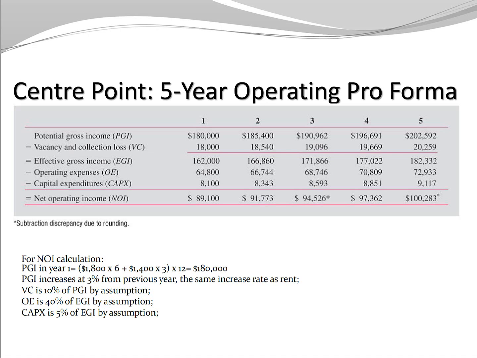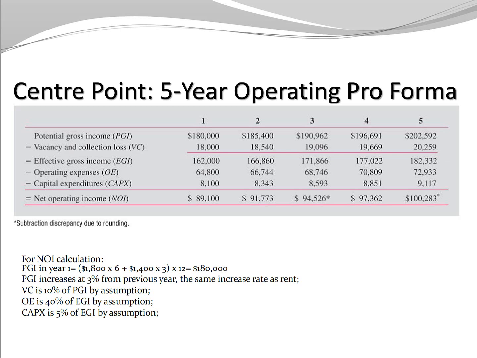The first year potential gross income can be calculated from the annual rental income for all the units in this building. There are 6 units with monthly rent $1,800, and 3 units with monthly rent $1,400. We calculate the total monthly rent, multiply by 12, which gives us the total annual rental income of $180,000.